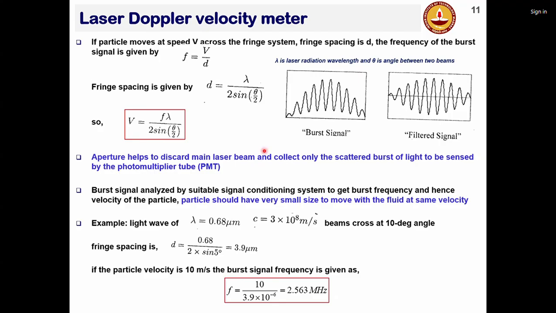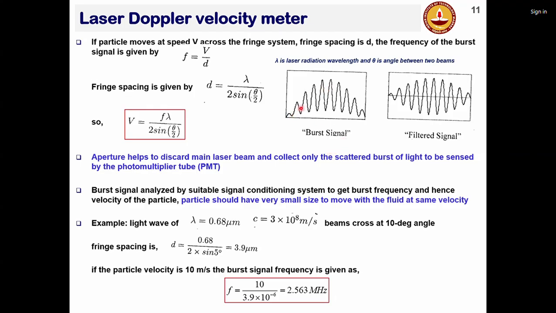Theta is a geometrical parameter that you would know. Lambda is the wavelength you are generating from the laser, typically hundreds of nanometers. And the frequency f of the signal can be detected using the photomultiplier tube. As the signal is coming, the PMT would show this oscillatory trend.